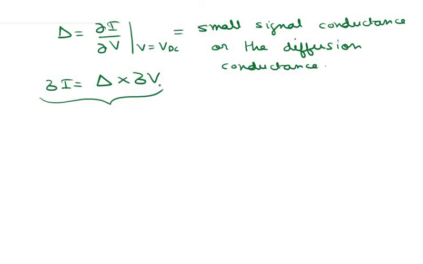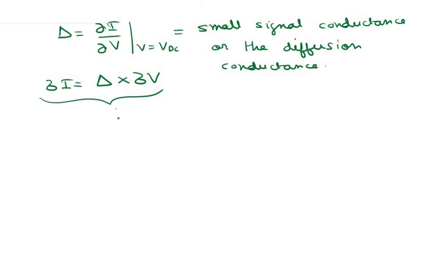Okay, so that is what I said, that the AC model only relates the AC component of the applied voltage to the AC component of the total current. It doesn't give me any information about the DC component of the current or how the DC voltage is related to the DC component of the current or vice versa.